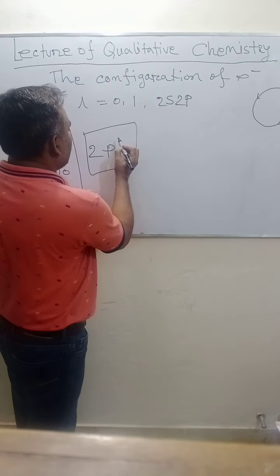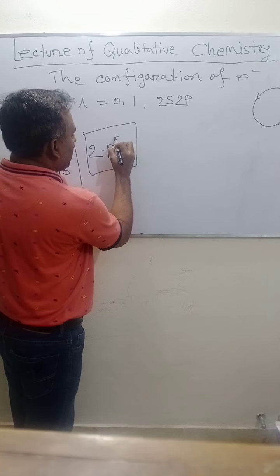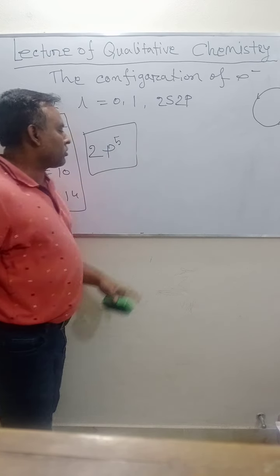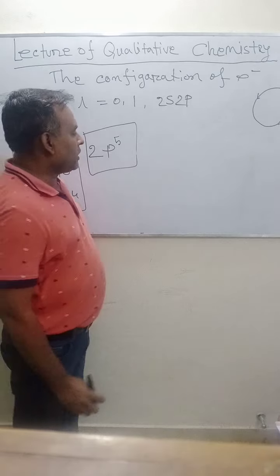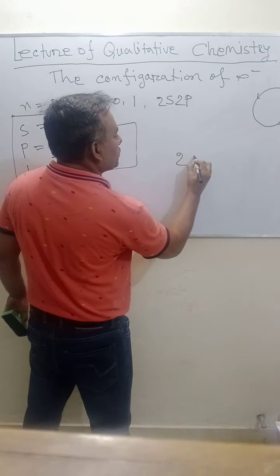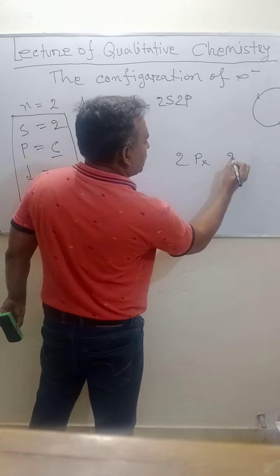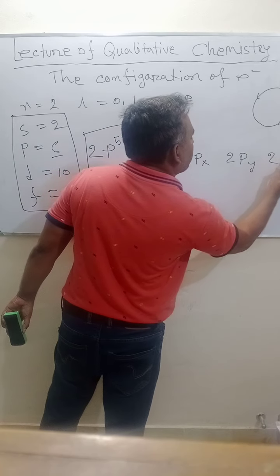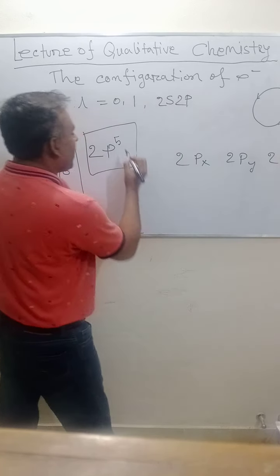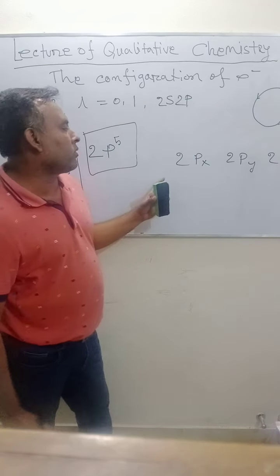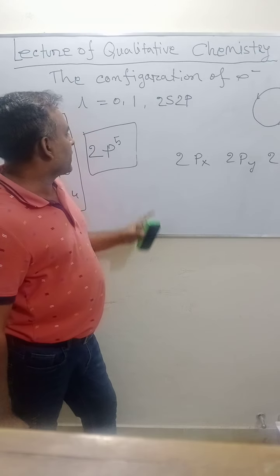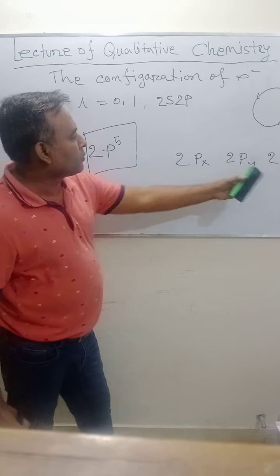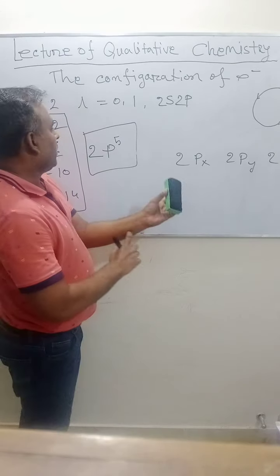If you have 5 electrons in the 2p subshell, how will you do? 2px, 2py, 2pz. You have 5. So how will you configure the electrons in the 2p orbitals?